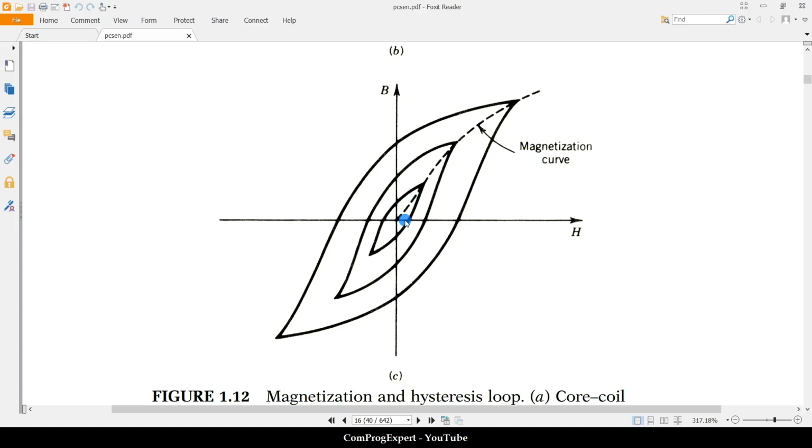And as you saw in the ANSYS Maxwell and the BH curves that we used for soft irons, for simulations, we just considered the normal magnetization curve. This is an approximation, and this approximation is good when the area of the hysteresis loop is not too high.